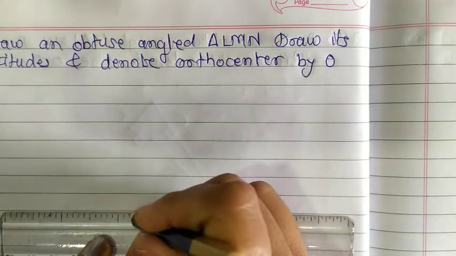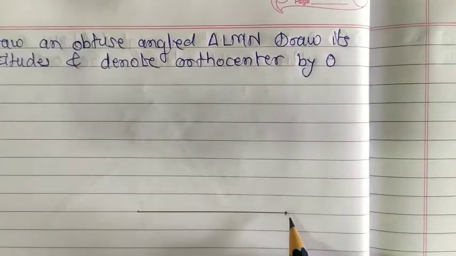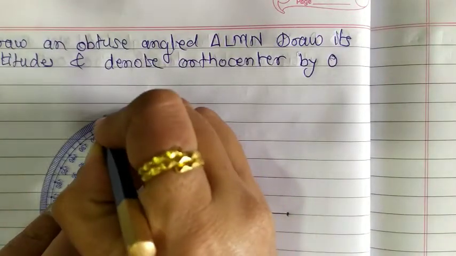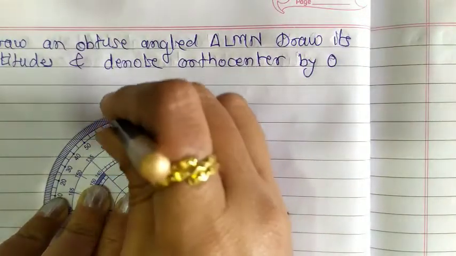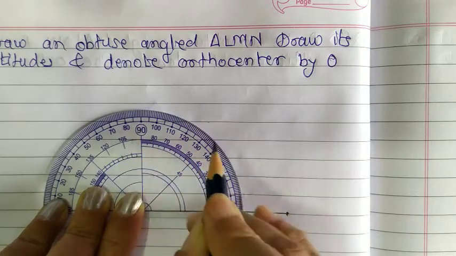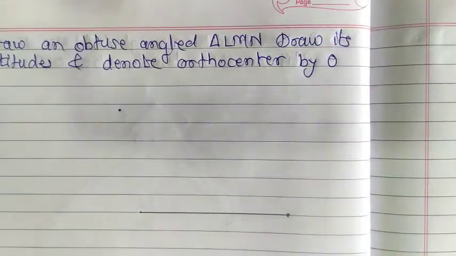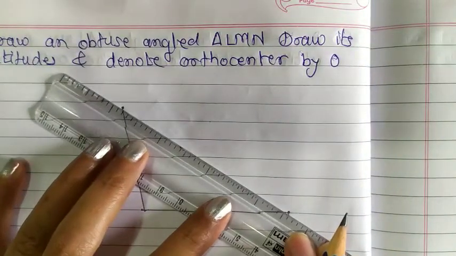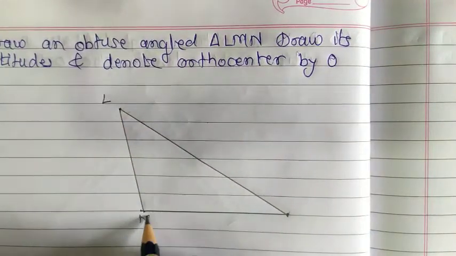No measurement of the triangle is given to us. Hence here we are drawing a triangle with an angle of 110 degrees. This is the obtuse angle triangle LMN.